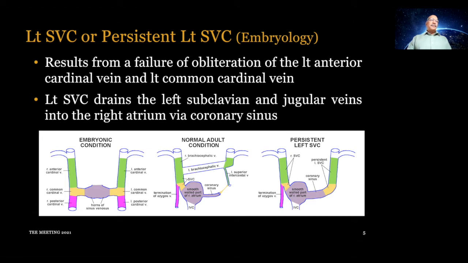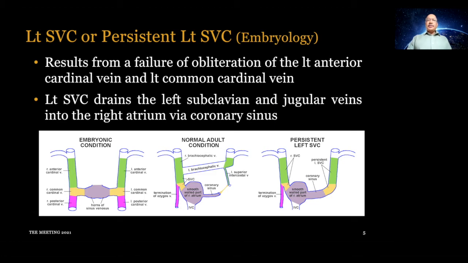During the fetal life, the upper half of the body is drained to the heart, that is the sinus venosus or horns of sinus venosus, by the left and right anterior cardinal veins and left and right common cardinal veins, and they join the horns of sinus venosus.